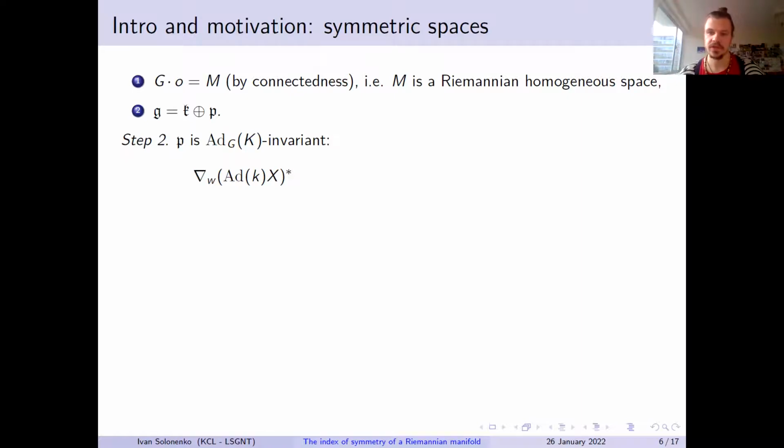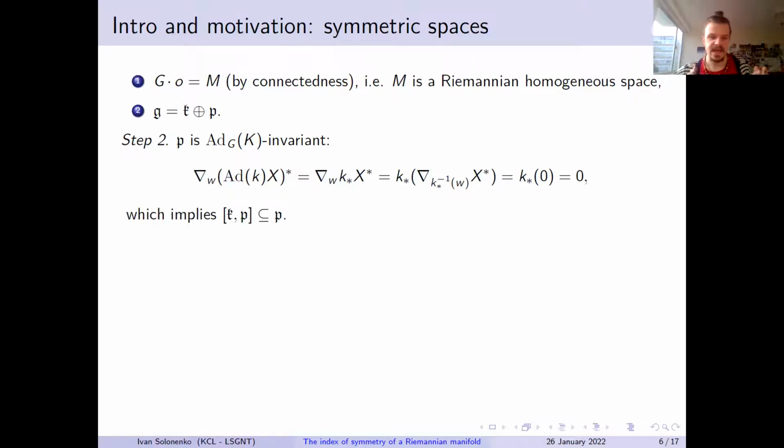Let's compute its covariant derivative in the direction of some vector W, which is tangent to M at O. This is a standard fact that if you take X, apply the adjoint of K, where K is some isometry, and then take the corresponding Killing vector field, this is the same as taking the Killing vector field corresponding to X and pushing it forward with respect to the isometry K. But isometries commute with covariant derivative, which means it's the same as applying K star to the whole covariant derivative, but then instead of W we need to write K star inverse of W. But we know that the covariant derivative of X star at O is 0 in any direction. So this is just taking K star of 0, which is 0.